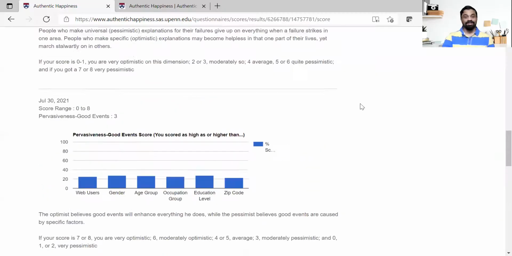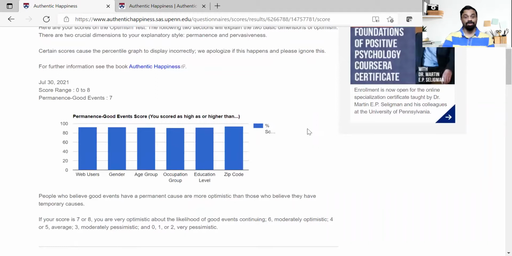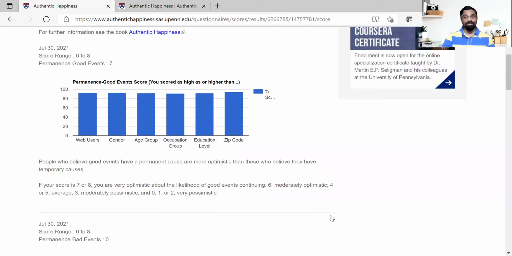So if you look at the explanatory style, let me again share the screen. If you look at this score in terms of optimism, the score first looks at permanence. Permanence means whether the situation is stable or unstable. In terms of good events, which is how I view good events as an optimist, I have scored 7.